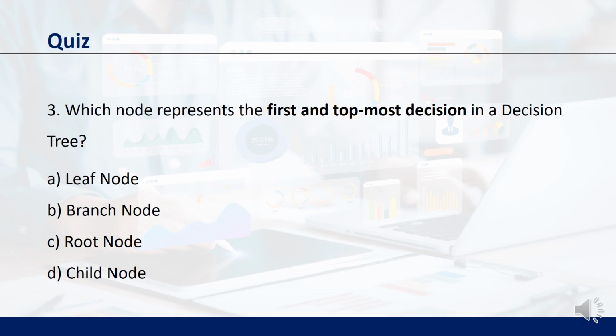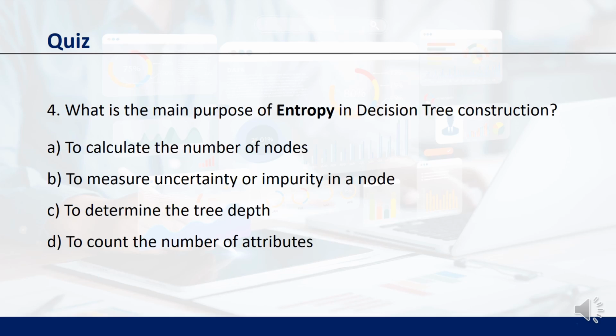Third question, which node represents the first and topmost decision in a decision tree? The answer is root node. Root node represents the complete data set and forms the starting point of the tree. The fourth question is, what is the main purpose of entropy in decision tree construction?